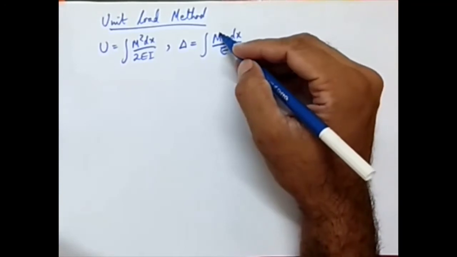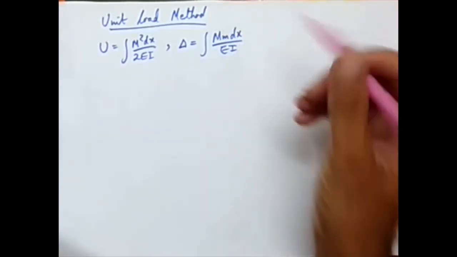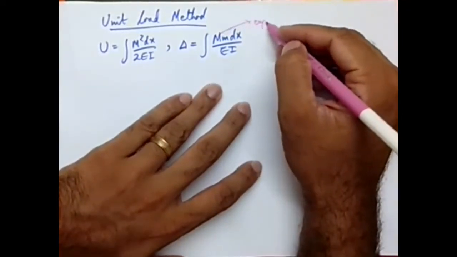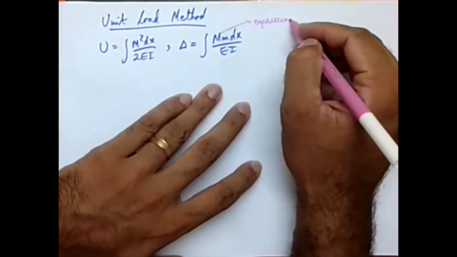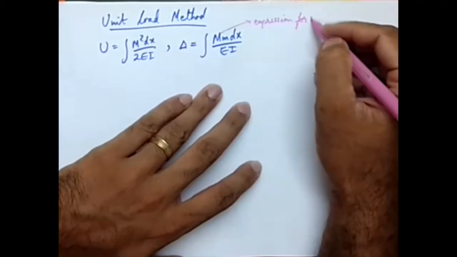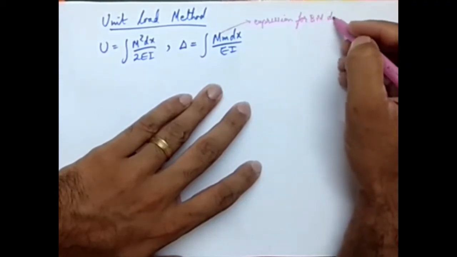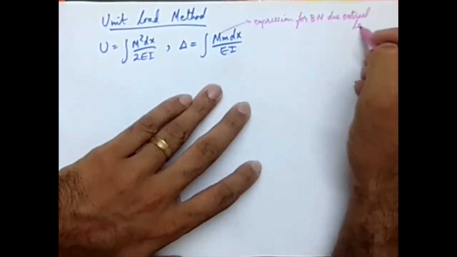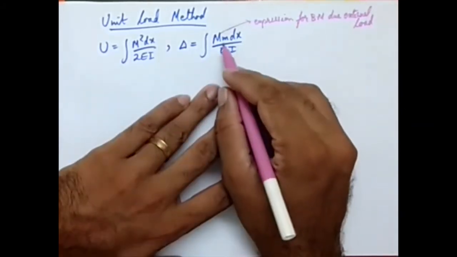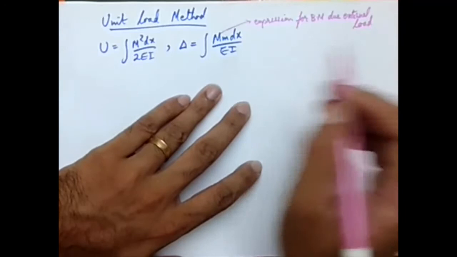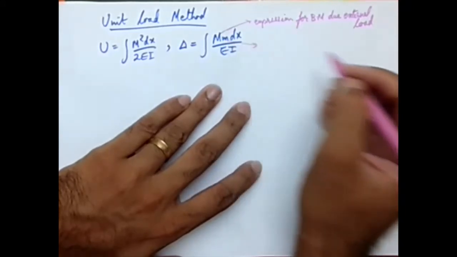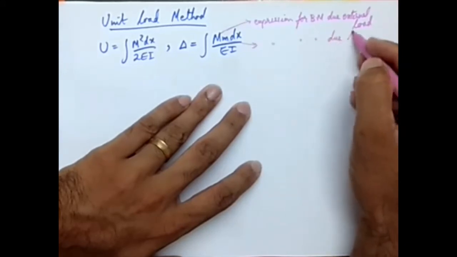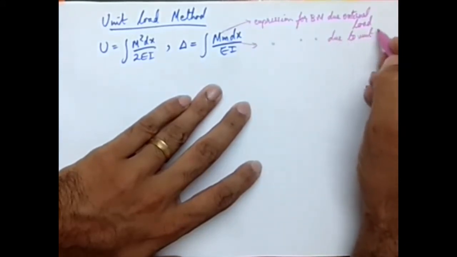where capital M represents the expression for bending moment due to external load, and small m represents the expression for bending moment due to unit load.